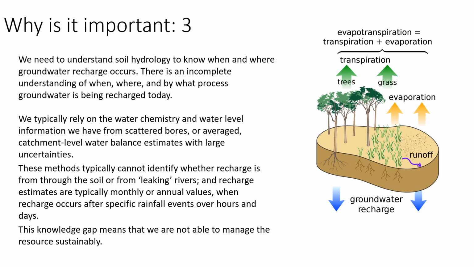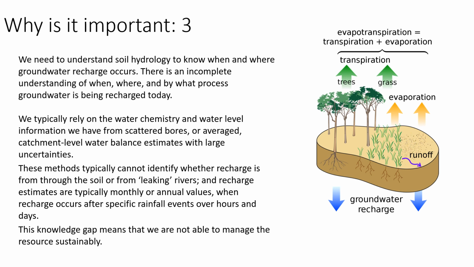And these bores, they can't tell you whether the recharge has come through the soil, as an example on the right-hand side, or whether it's come from leaking rivers or lakes where water is actually leaving the base of these features and recharging the groundwater that way. You'll see some examples of this all in the field next week.